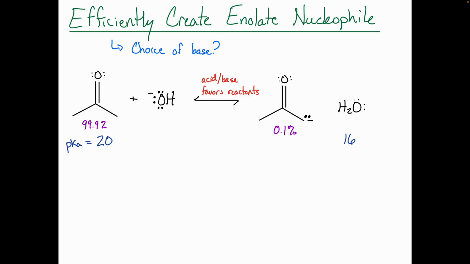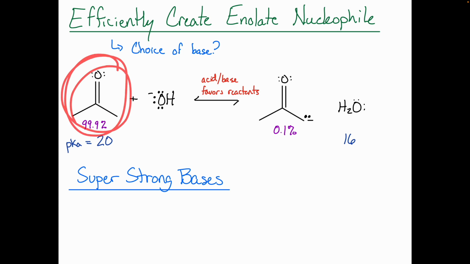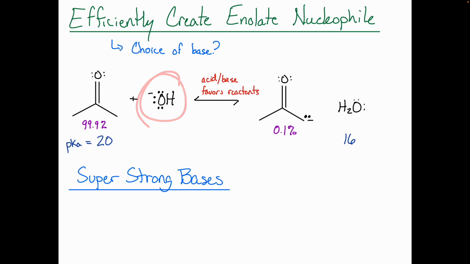So instead, we've got to use some super strong bases. All right, of course, in general chemistry, we were calling hydroxide a strong base, but in the world of organic chemistry, there are plenty of other acids that are too weak to be deprotonated by that base. We've got to use something even stronger than hydroxide.